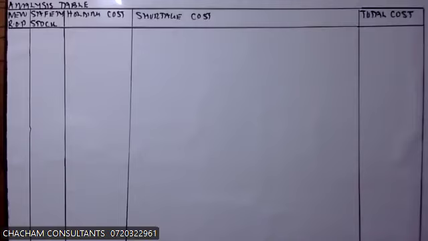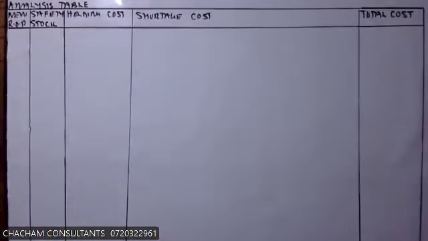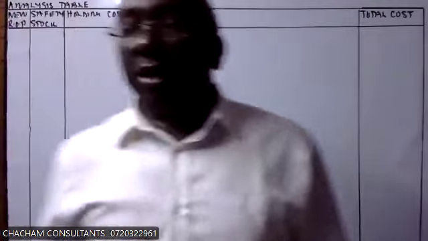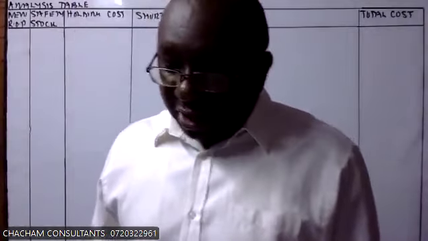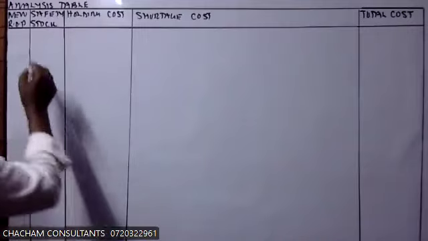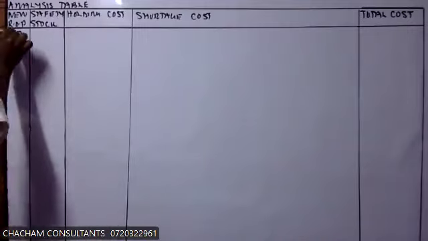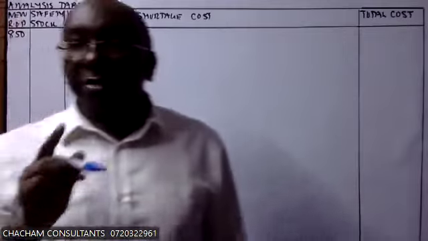Yes, Patricia. Yes, Carol. Now, once you have drawn the table, the beginning point is always the current reorder point. So the current reorder point is 850. So you put it here. When you put it there, it becomes the new reorder point.